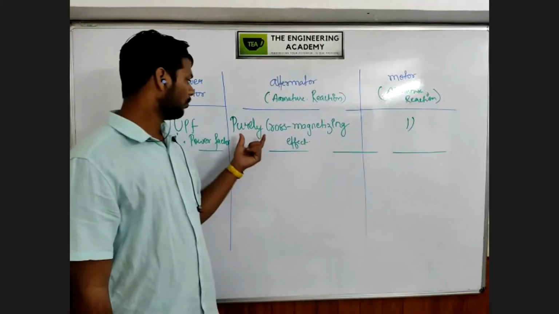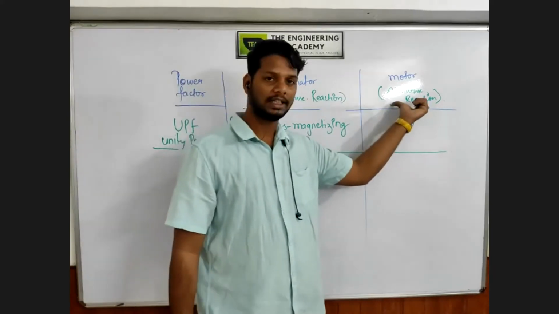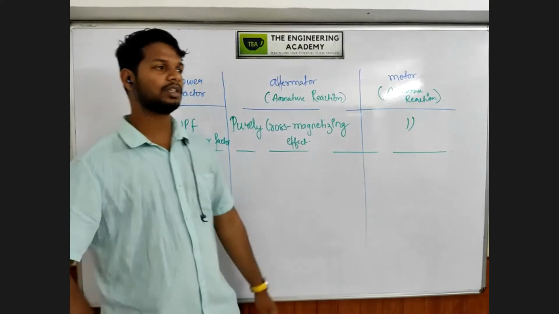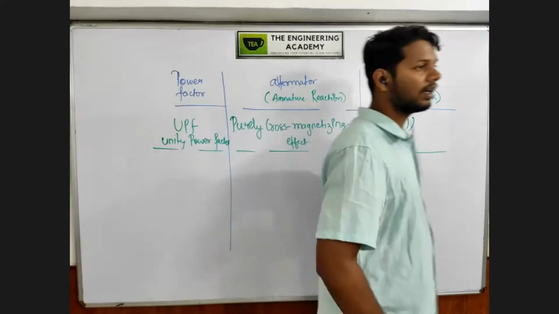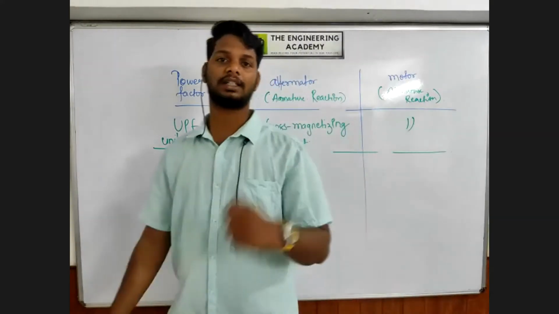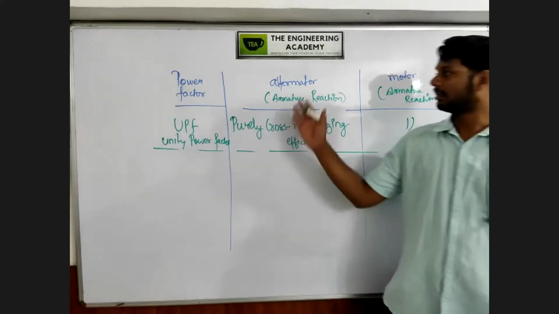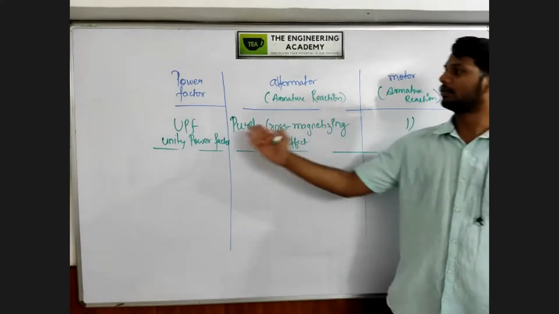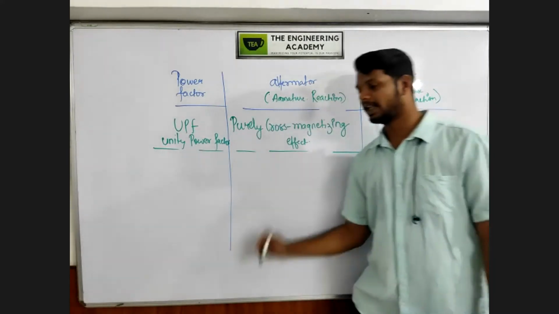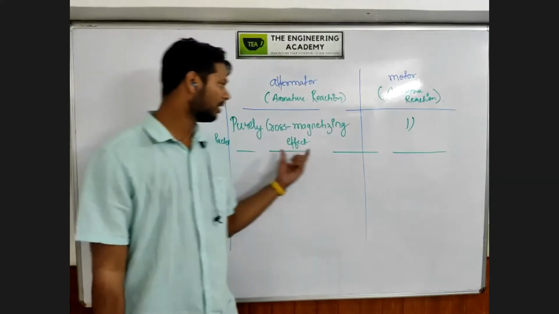What does this mean? Purely cross magnetizing effect means it is the armature reaction which is purely cross magnetizing. So the question will come like: alternator is working under unity power factor, so what kind of armature reaction is it in?